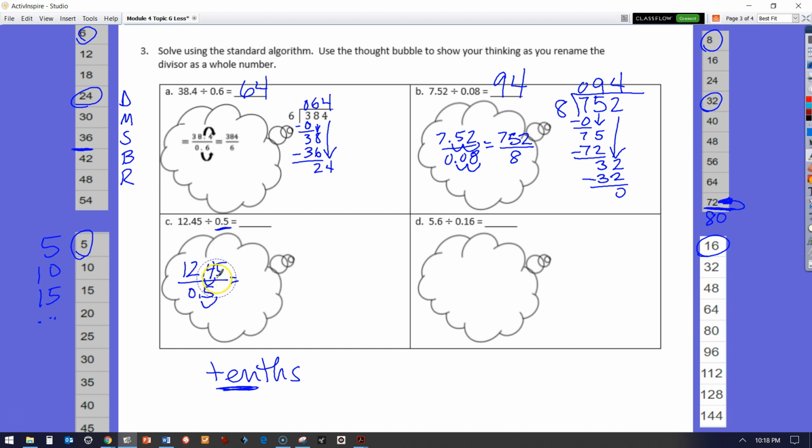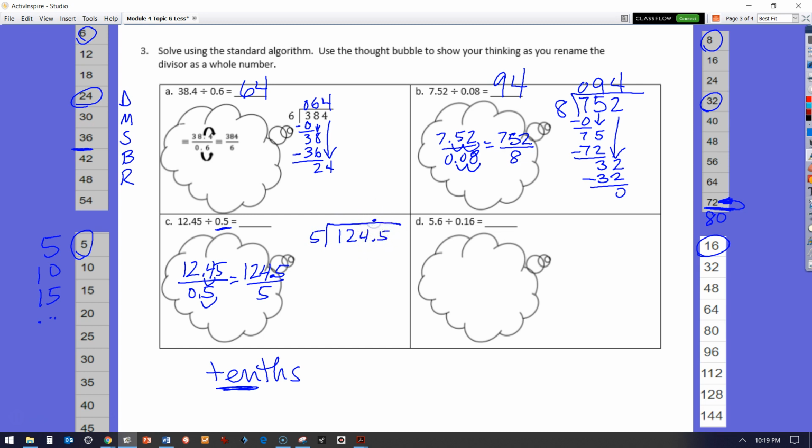I move my decimal place over one time so that the number gets bigger. That's multiplying it by 10. And I have 124 and 5 tenths divided by 5. So 124 and 5 tenths divided by 5.